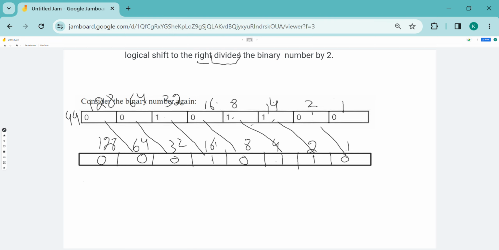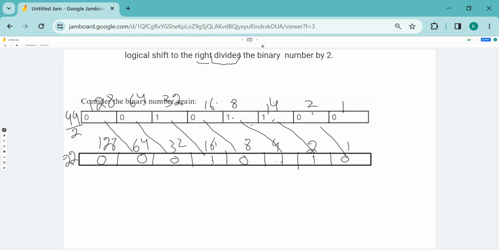And yes, 16 plus 4 is 20, plus 2 is 22. So hopefully you got the idea: whatever we have said, when we apply a right shift onto the number given to us, that number will be divided by 2. Yes, 44 divided by 2 is 22.